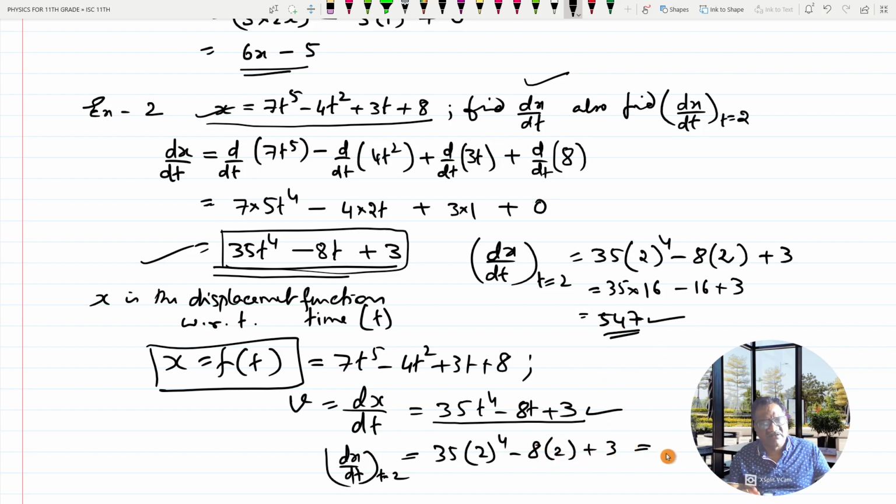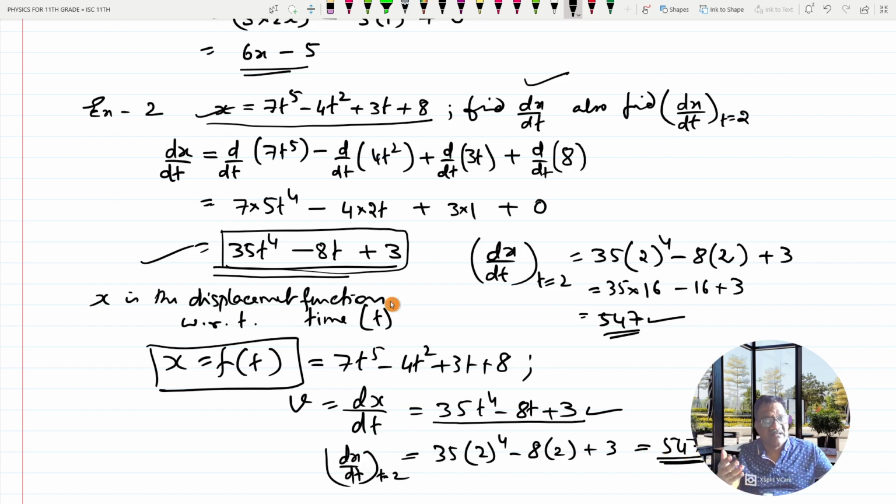And the answer you will get is 547. So this 547 is the velocity, say meter per second, when the time is 2 seconds. So after 2 seconds the velocity will become 547 meter per second.